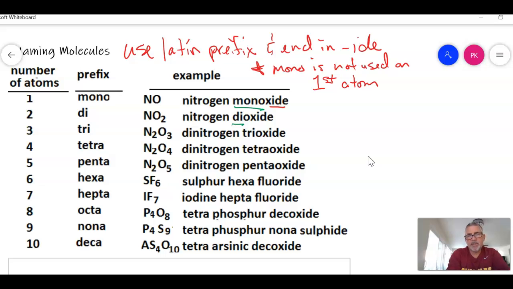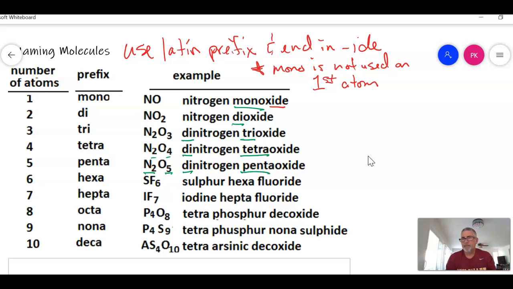Here I have two nitrogens and three oxygens, so now I'm going to use that di in front of nitrogen because I have more than one, and then trioxide. Right, I have 2 and 4, so dinitrogen tetraoxide. 2 and 5, so I have dinitrogen pentaoxide, and we can keep going all down.